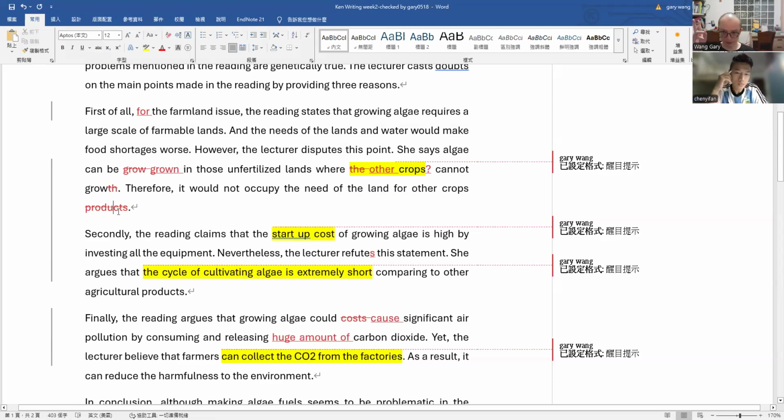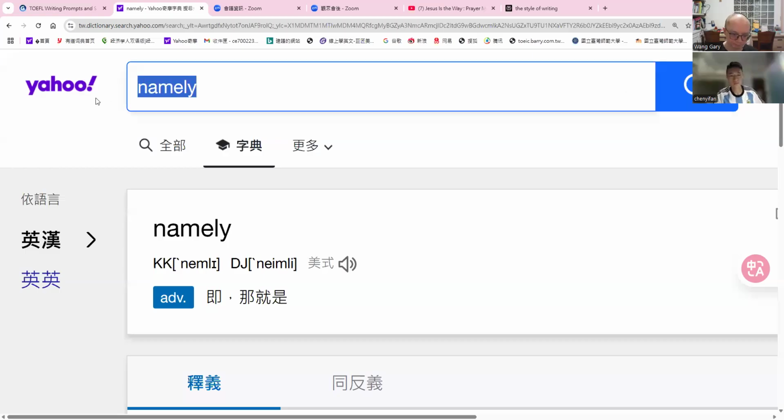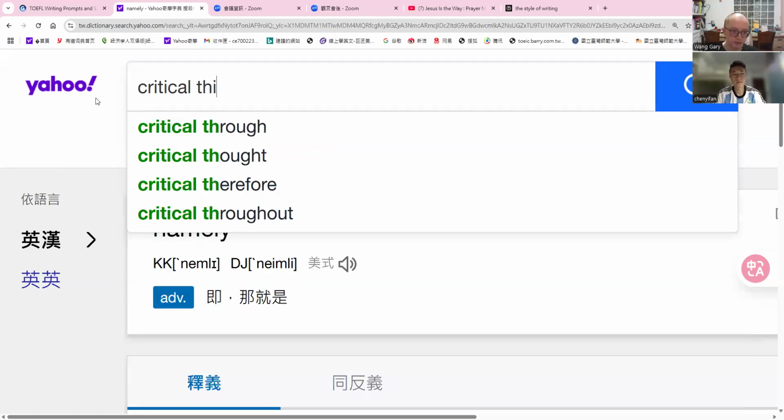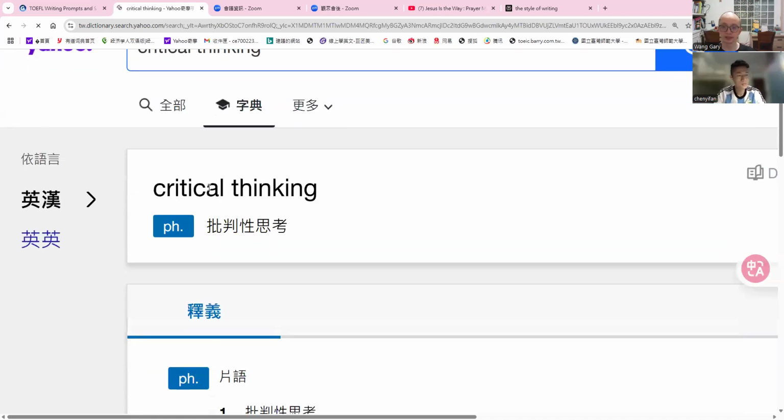So in TOEFL IELTS writing, they emphasize critical thinking. This is so important.